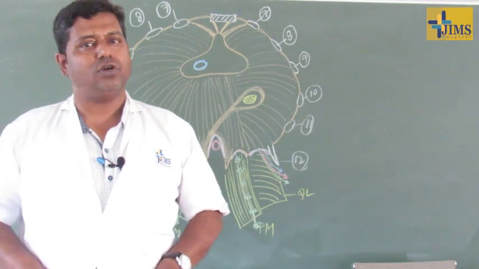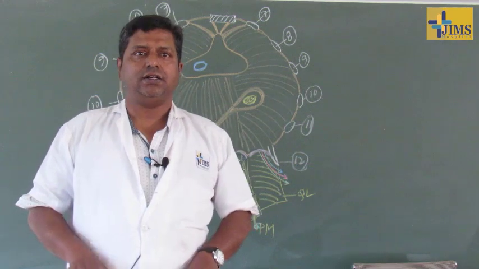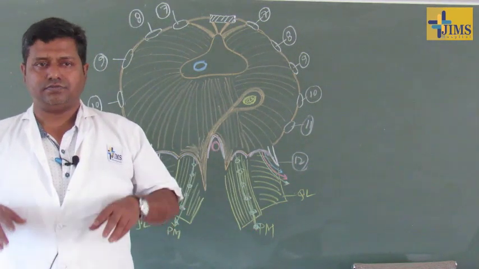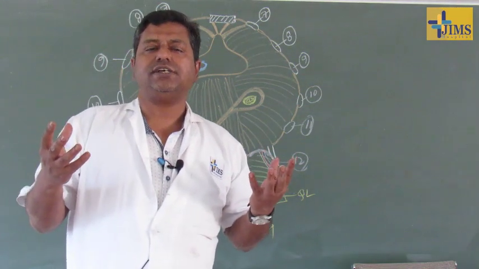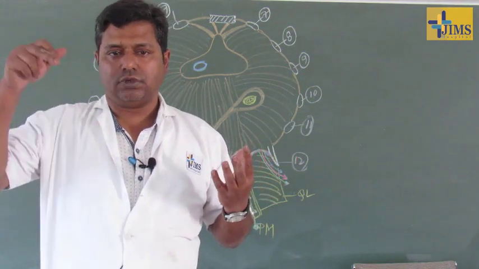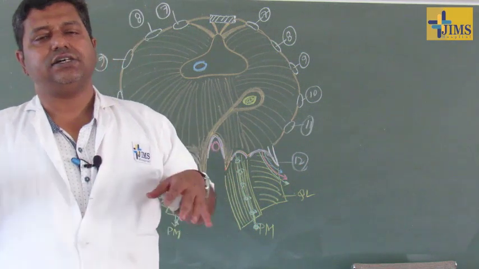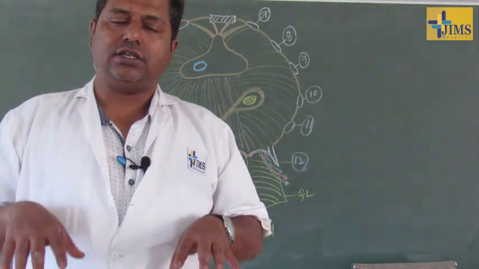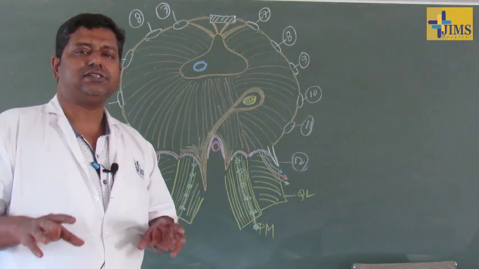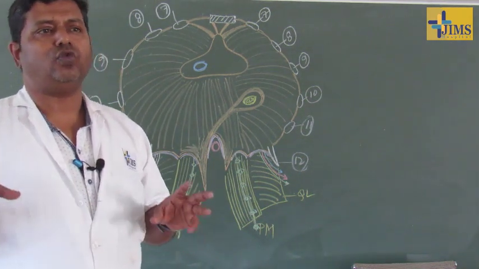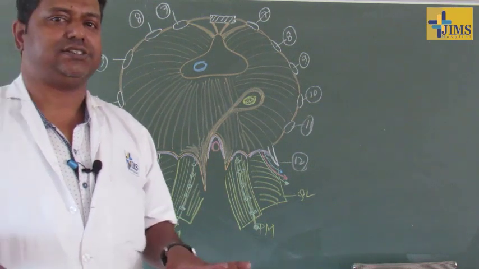I have already told you that the thoracic outlet is closed, and the structures from the thorax need certain openings through which they can enter into the abdomen. So these openings are certain areas within the diaphragm through which the structures will pass.